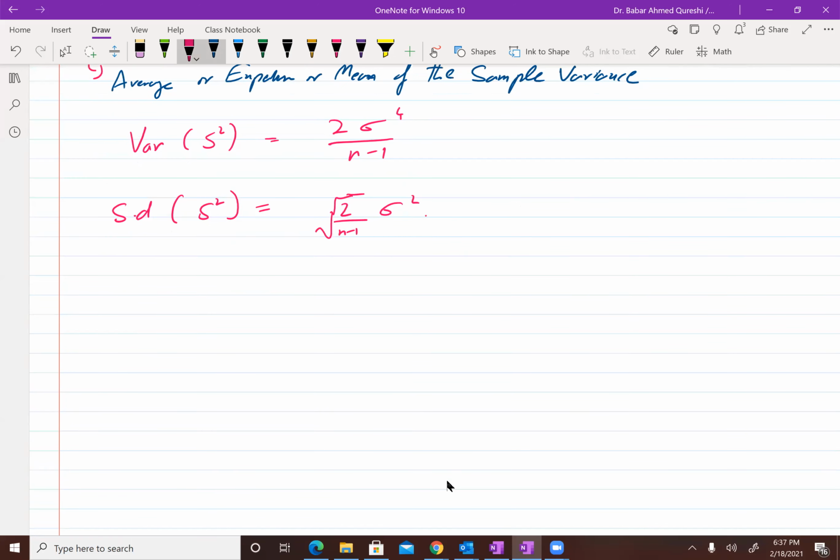If the population is normally distributed, which actually is the case in many applications, it is the most common distribution you find in nature, then you can say what the probability distribution of the sample variance would be.